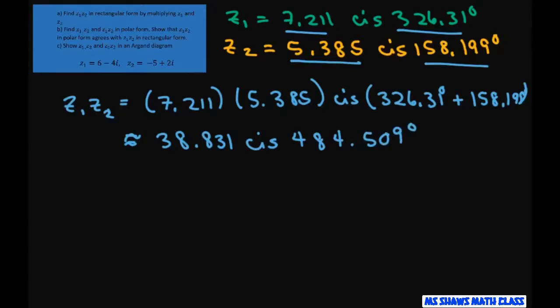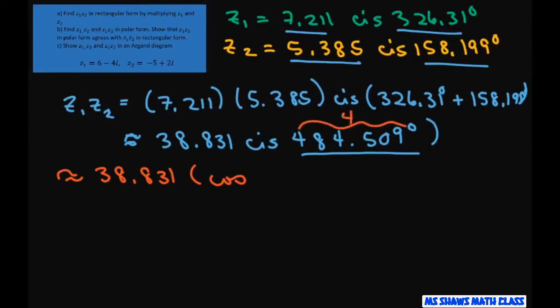All right. For the degrees, I'm going to bump this up to 485. So basically, this is going to be approximately 38.831 cis of, I'm going to just call this, 485.